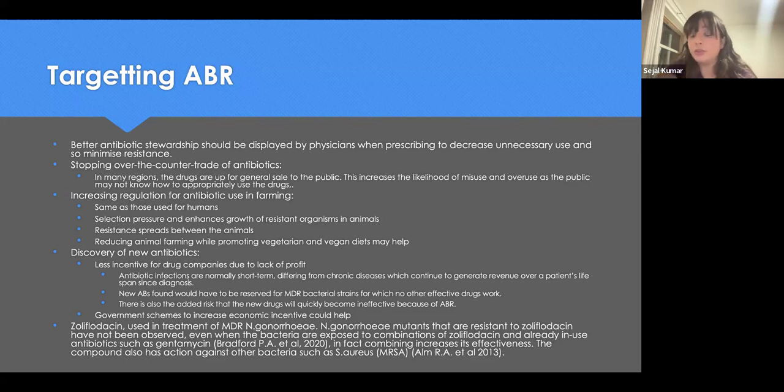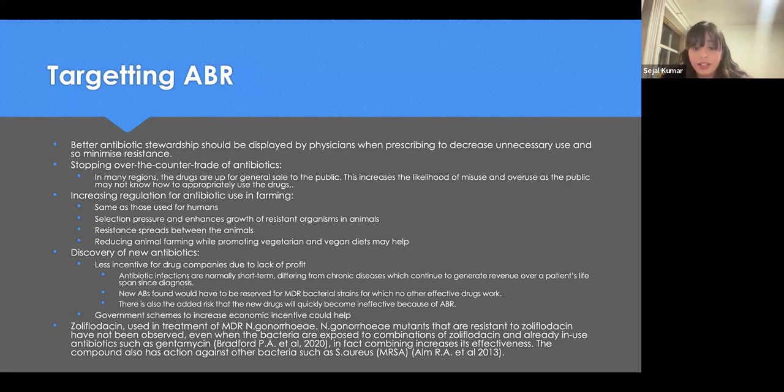That's one of the reasons incentive is reduced, but also because if new antibiotics are found, they'd have to be reserved because there are so many multi-drug resistant strains now. So the companies wouldn't be able to make a profit, because those drugs would need to be safeguarded essentially. And also the drugs can become ineffective quite quickly because of the rate of antibiotic resistance. So perhaps government schemes may help.